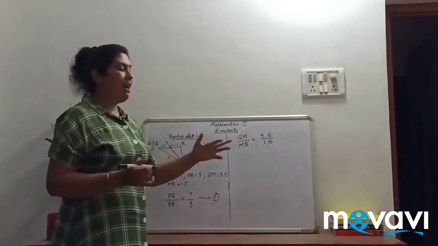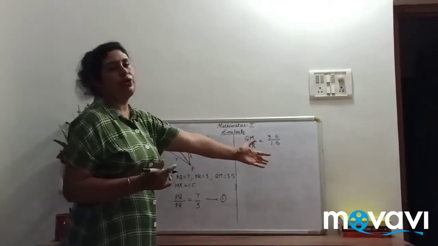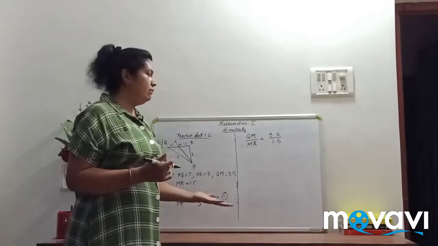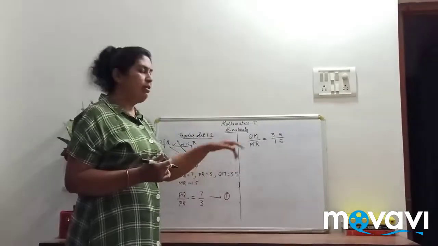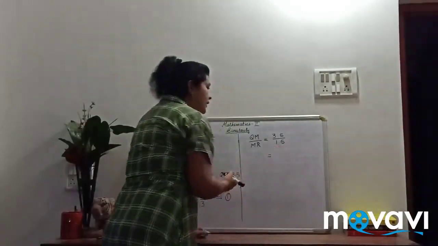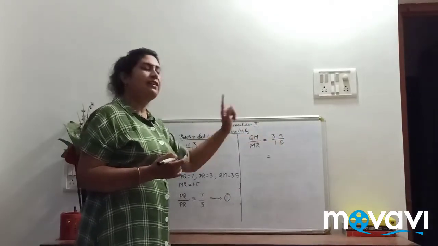Now some of you might find it difficult to do the calculations or reduce the ratio into its lowest form if it is a decimal. So let us remove the decimal. To remove this decimal point, what do we do? Since it is a point and 1 digit, we will multiply by 10.